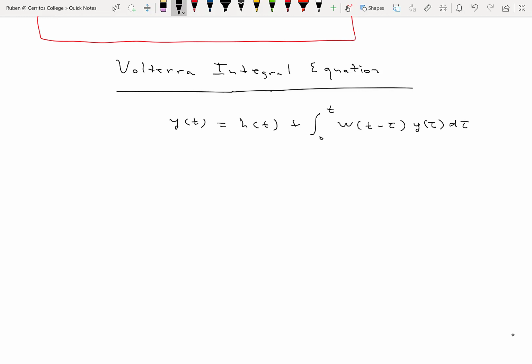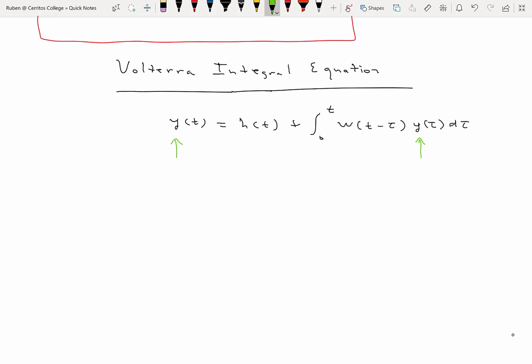This strange looking little equation, especially if you've only studied differential equations, has no derivatives in it. This is called an integral equation, where the unknown function y of t is on the left-hand side, and an integral involving the unknown function is on the right-hand side.